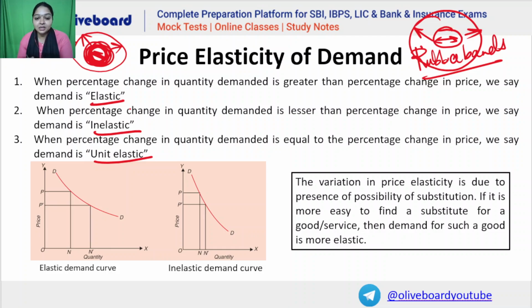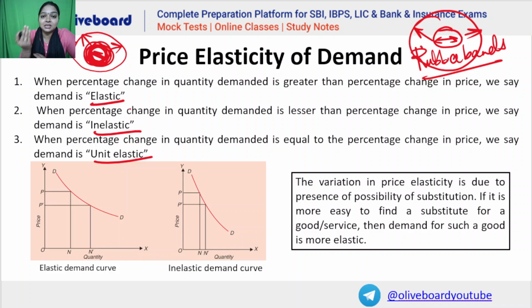When the percentage change in quantity demanded is greater than the percentage change in price, we say demand is elastic. That means even with a small change in price, if a large change in demand is happening, then demand is elastic. If the price has increased by some amount, the demand should fall by an even larger amount.